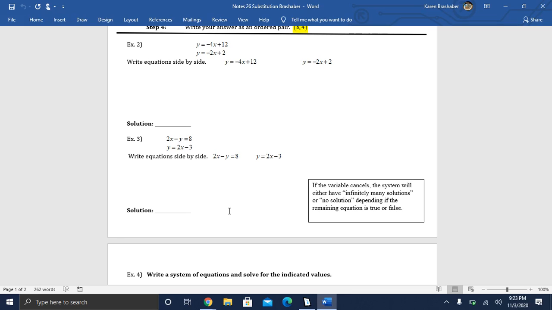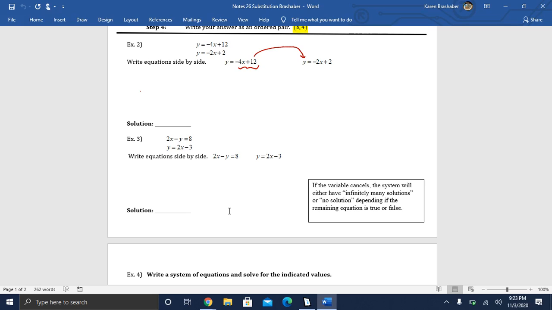Now I'm going to take one of these equations, and since I have this first one already solved for y, I can take this expression, negative 4x plus 12, and replace it into my other equation in place of the y.